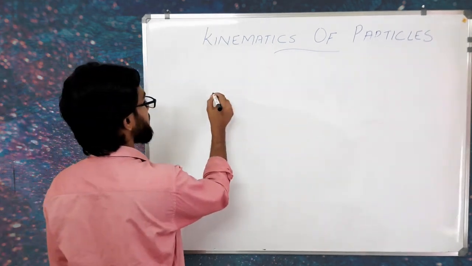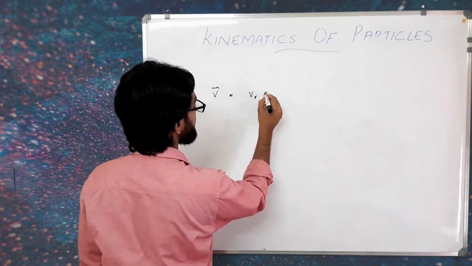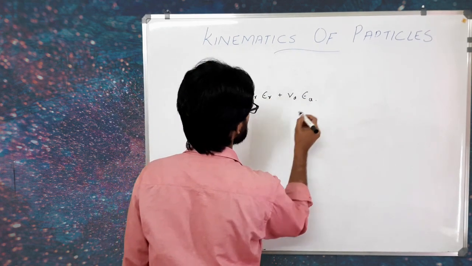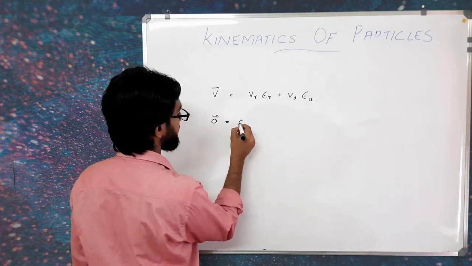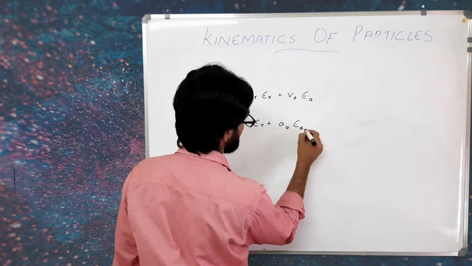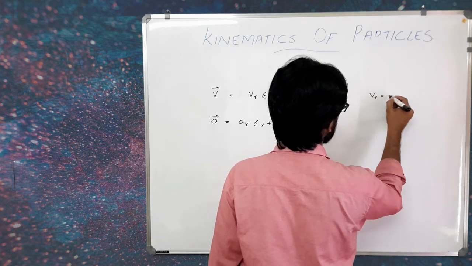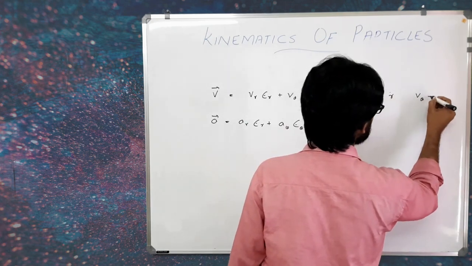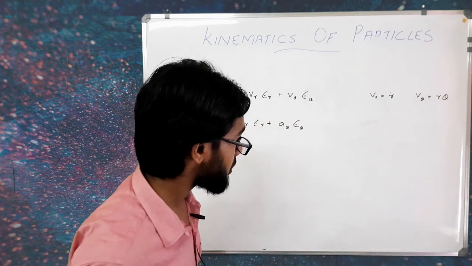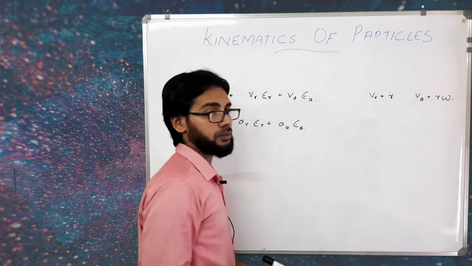I can also give the corresponding velocity vectors in terms of Vr and V theta, and the acceleration vector. So here Vr will be equal to r dot, V theta is equal to r theta dot, or I can write it as r omega.